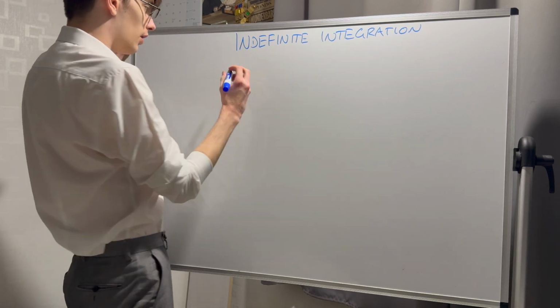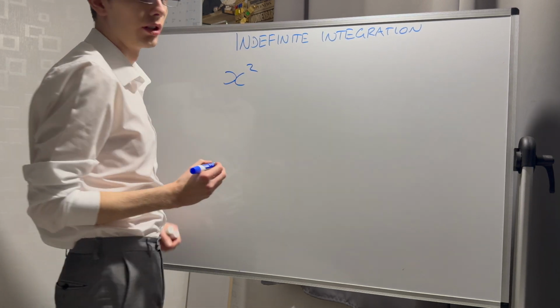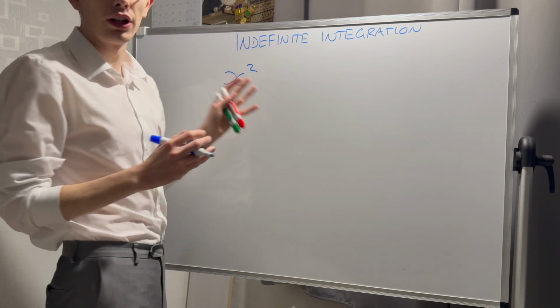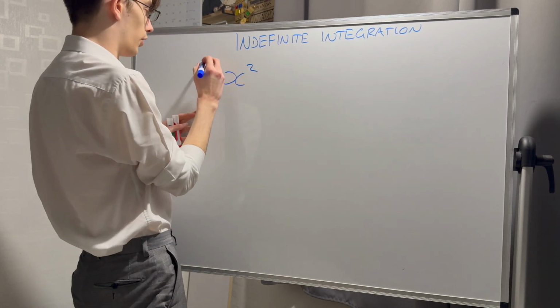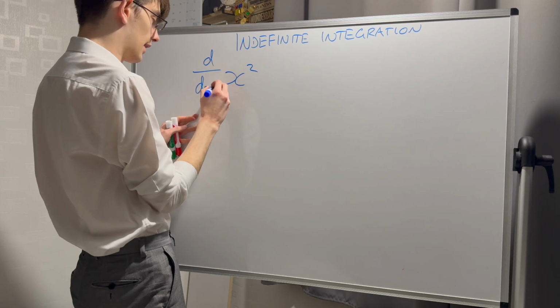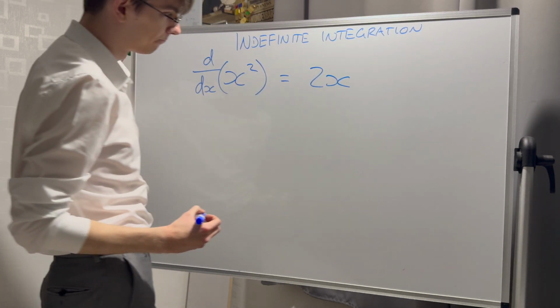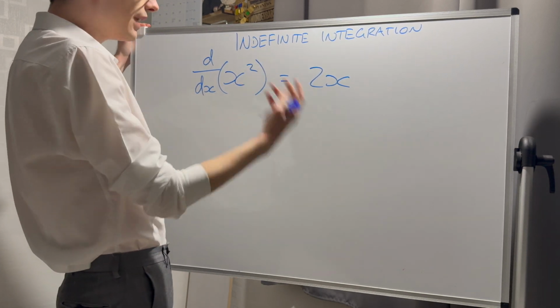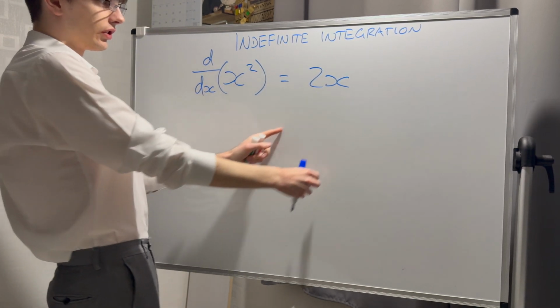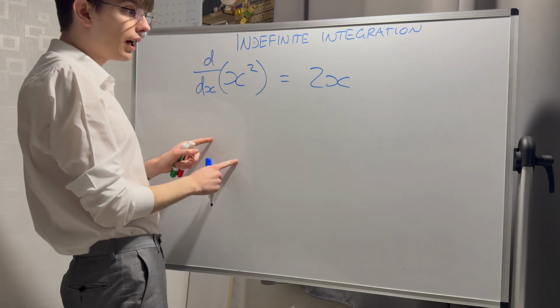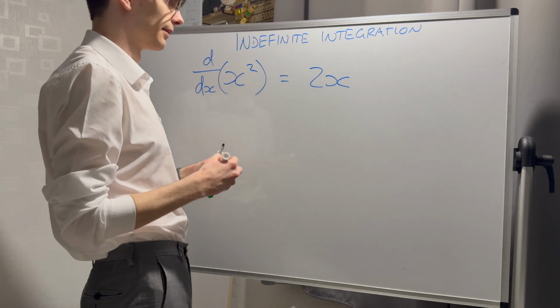So, my x squared function, for example, if I differentiate this, d by dx of x squared is equal to 2x. Which means if I want to go from 2x to x squared, I need to integrate.